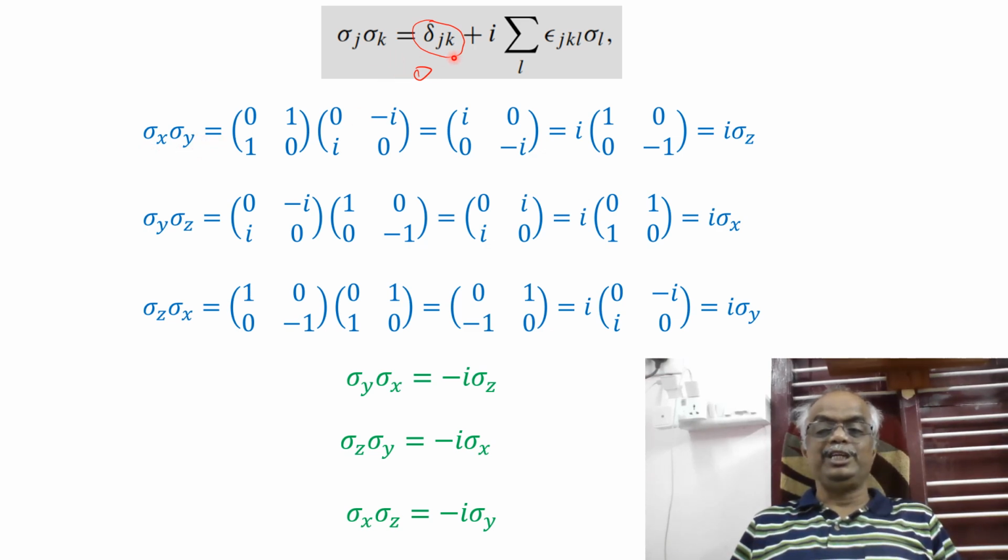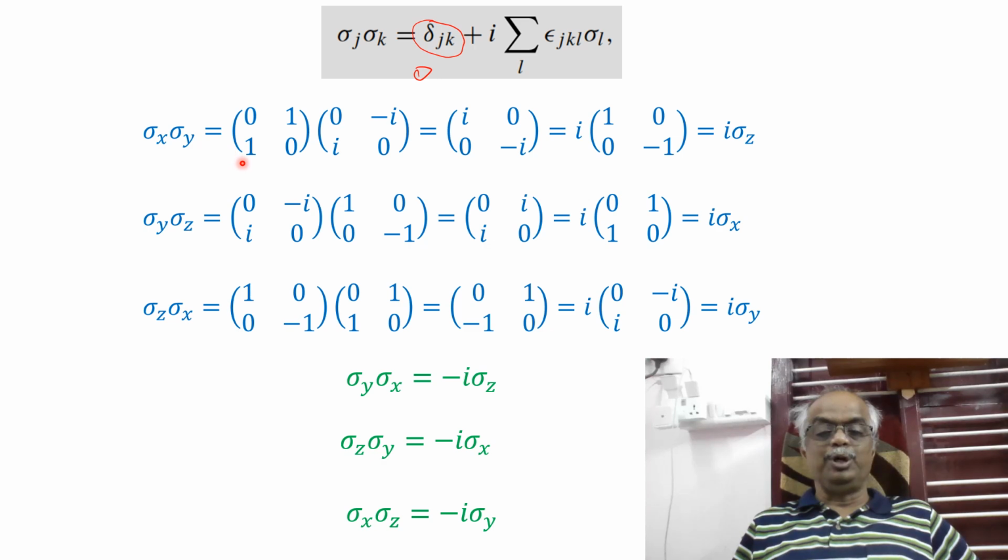In the earlier case we considered sigma x sigma x, so the first term exists, the second one will be 0. Here it is x y. So this is the sigma x matrix, this is the sigma y matrix. You multiply 0 1 with 0 I, so you will get I. Similarly 0 1 with I 0, you will get 0.